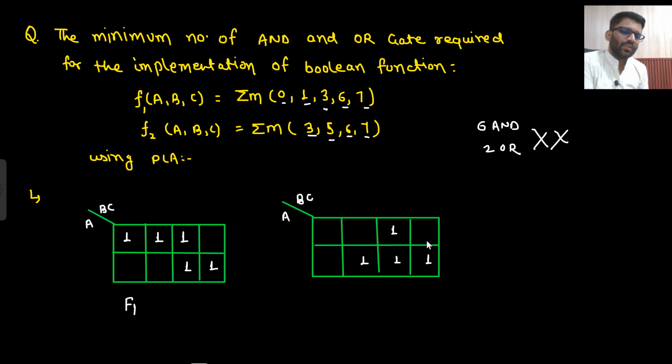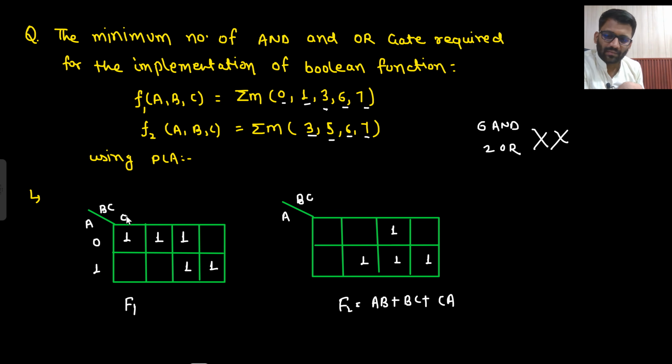3 5 6 7, 0 1 2 3 4 5 6 7. So this I already know. What is this? AB plus BC plus CA. Zero, 1, 2, 3, 4, 5, 6, 7. So I can directly see 2 are common here. First one, what do I get here?